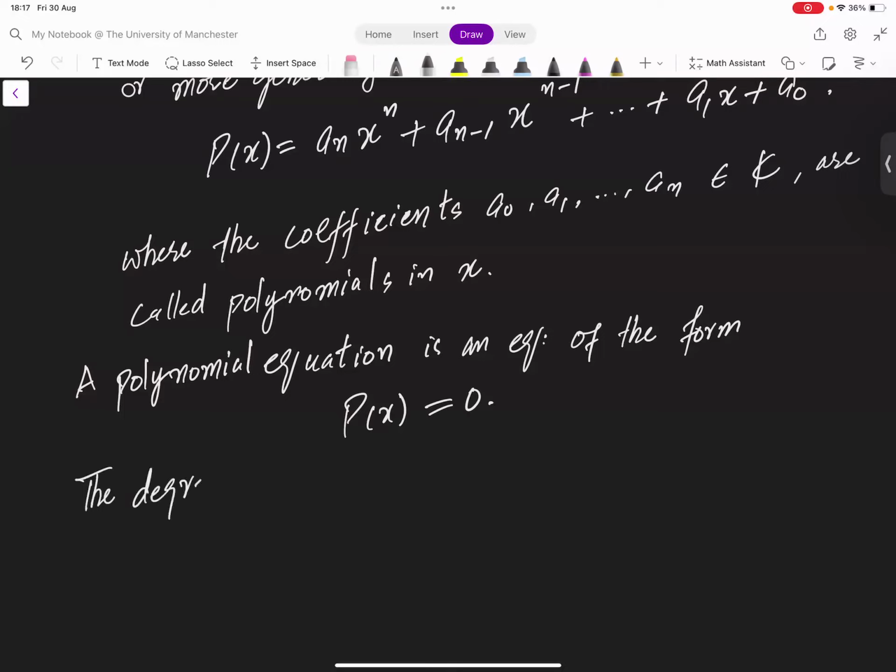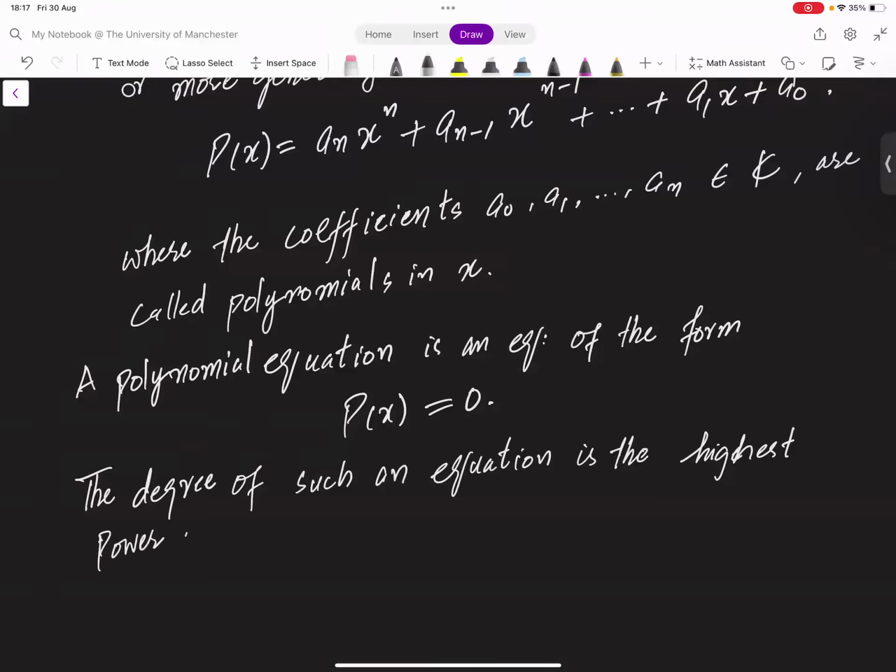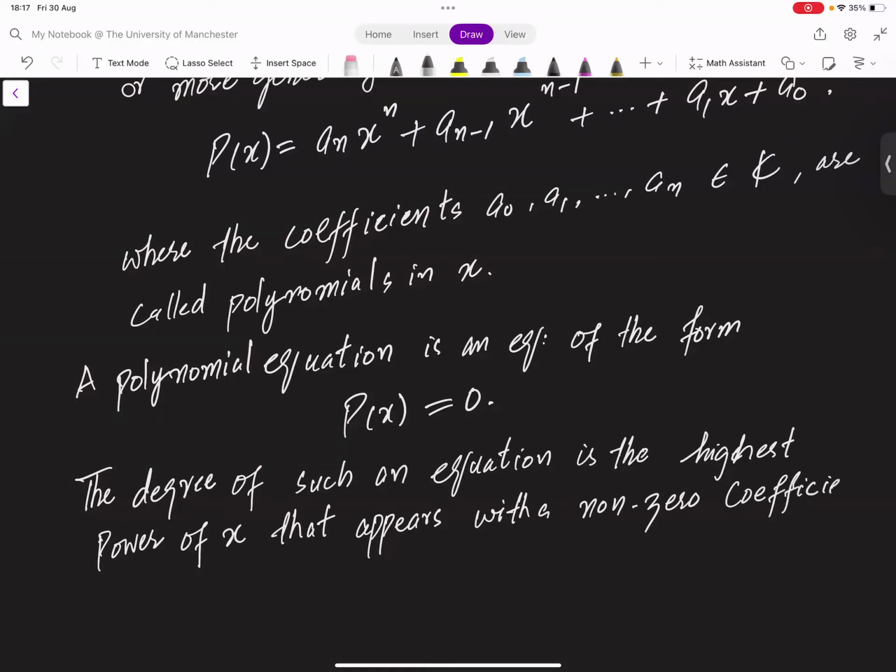The degree of such an equation is the highest power of x that appears with a non-zero coefficient. Right?